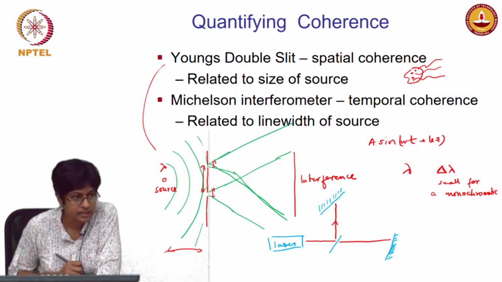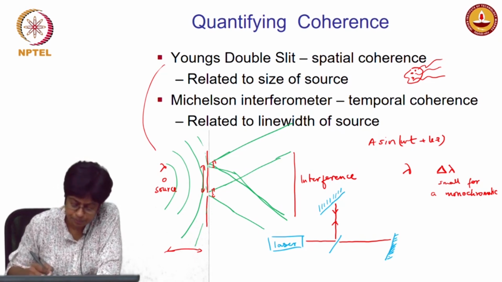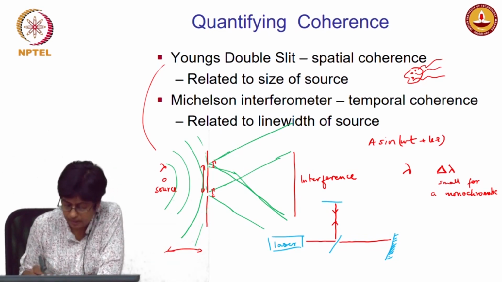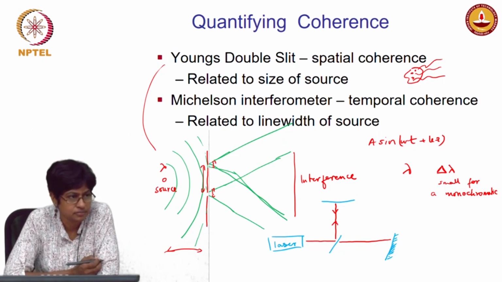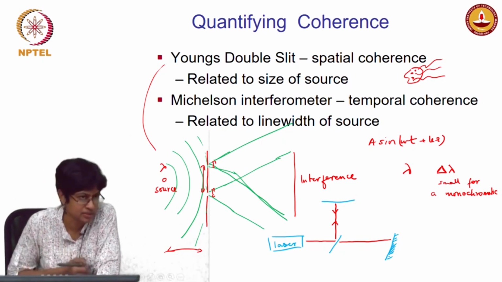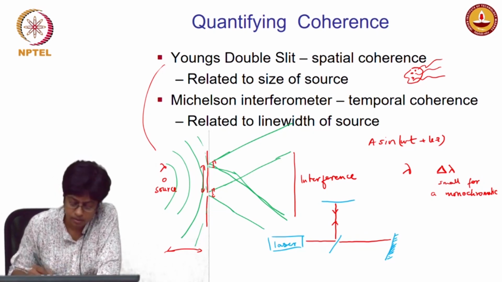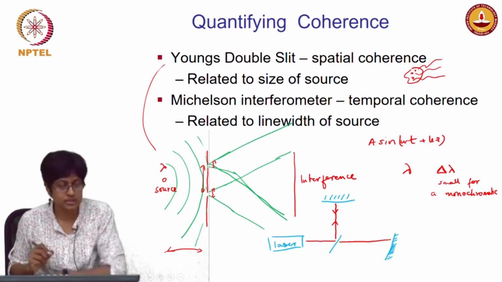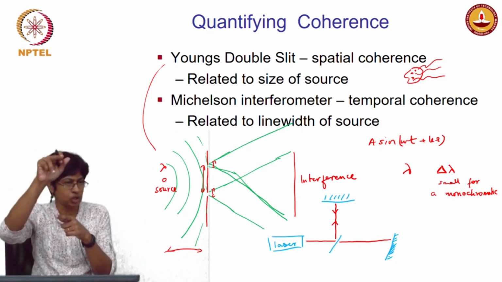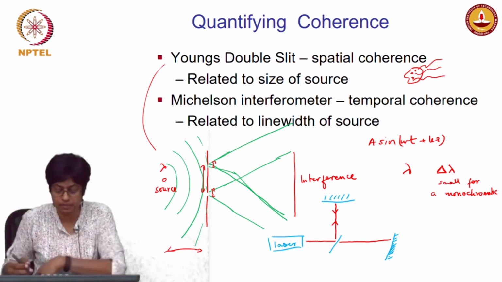So, some light has travelled here, it reflects off this mirror, and I have drawn a general case over here, but in particular for the Michelson, you would really want this mirror to be at 90 degrees to the beam, so that you have normal incidence basically. Okay. So, this configuration allows the light that is incident to hit the mirror at normal incidence, so it travels back.